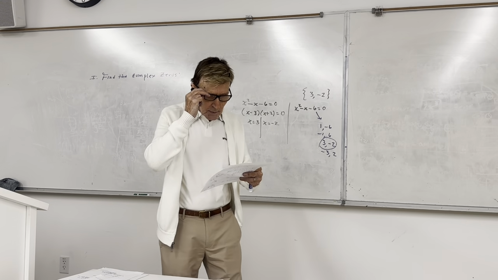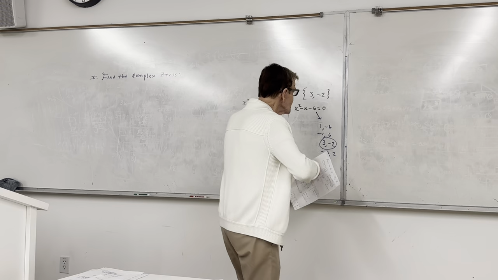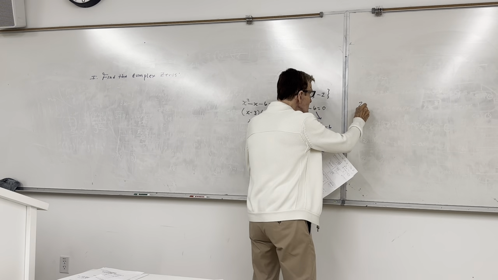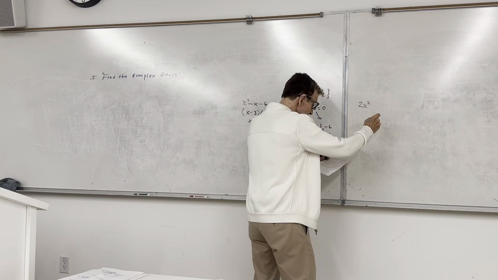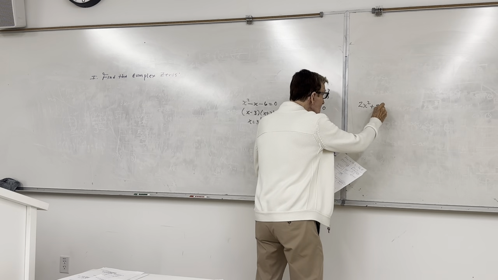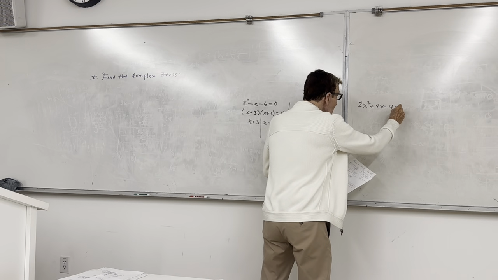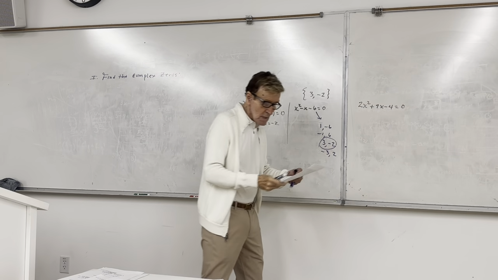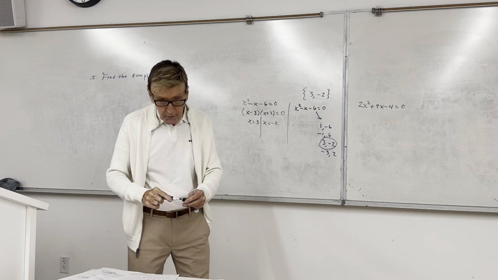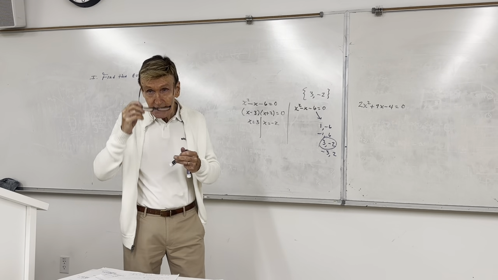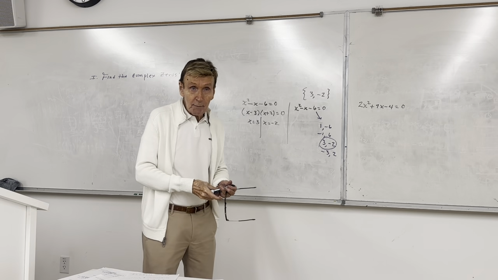Then I asked him to do this one: 2x squared plus 7x subtract 4. Now watch carefully. It's going to lead us to answer that question you guys had before the break. You and I would do this.